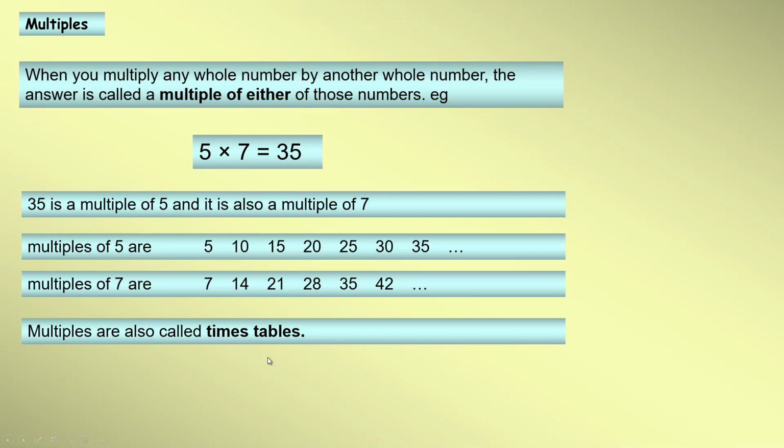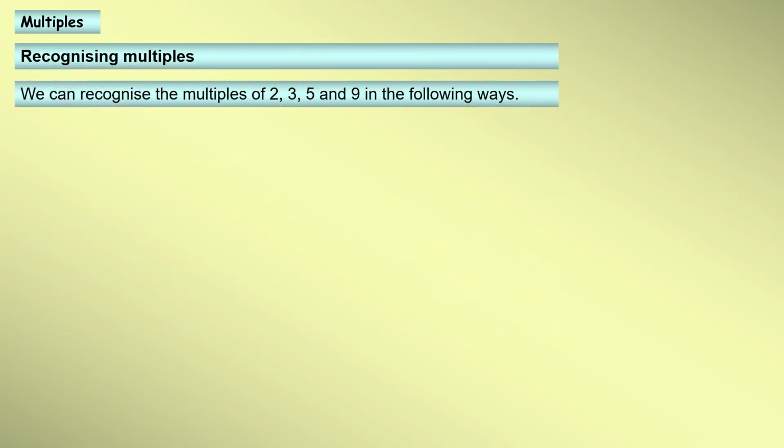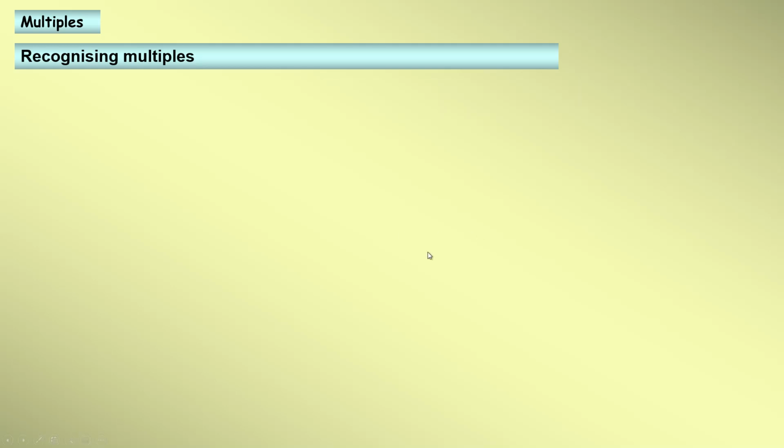Right, let's have a look at some special functions of multiples. Okay, how we can recognize some of them. So we're just going to look at the 2, 3, 5 and 9 multiples of those numbers. Right. If we look at 2 first, in the first instance.